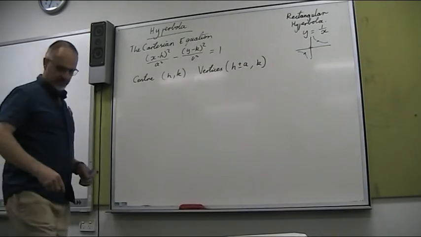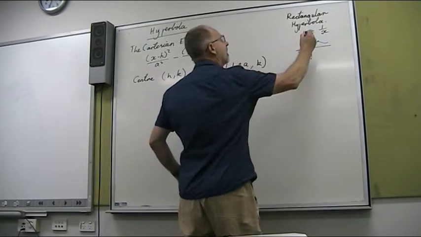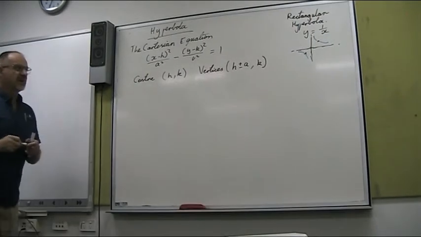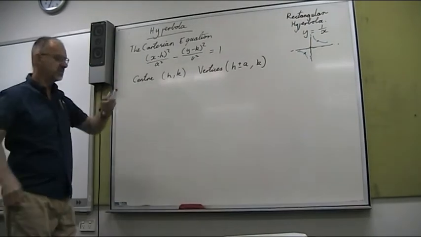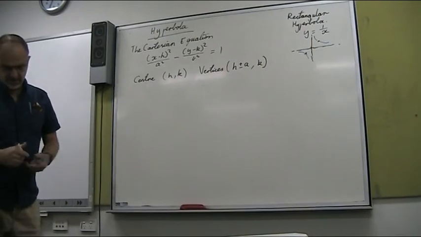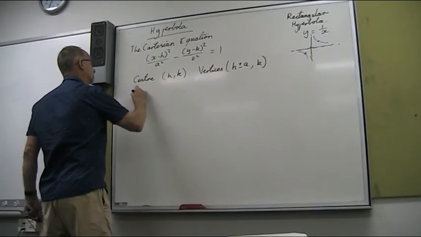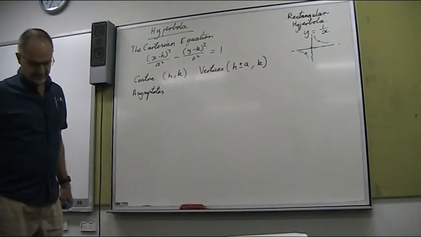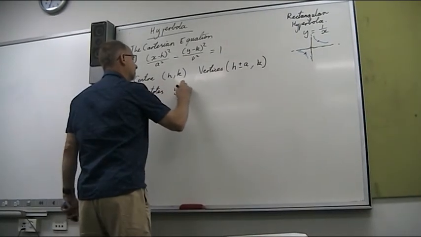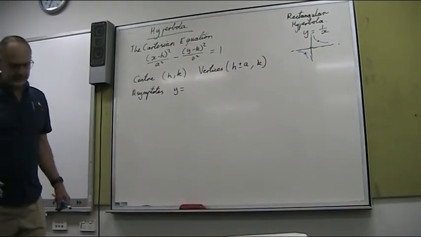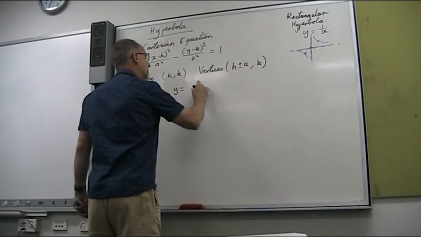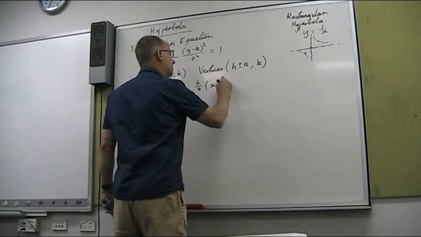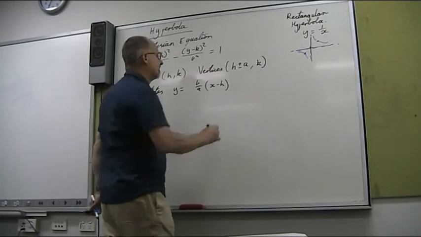Now also, remember from our rectangular hyperbola, we've done methods, we've got some asymptotes. So if these things are hyperbola as well, then they would have some asymptotes. And the equations of them are this. B on A is the gradient of it, x minus h plus k.